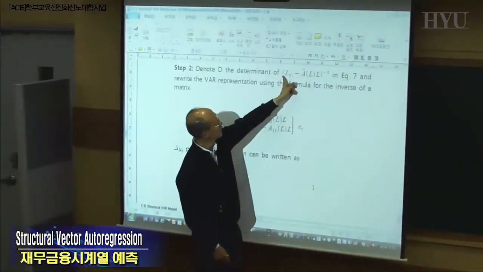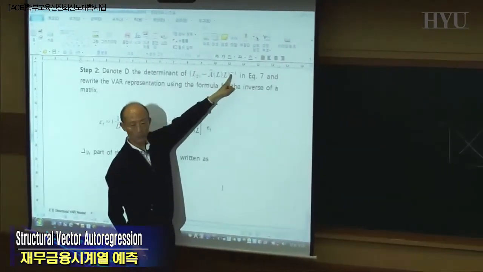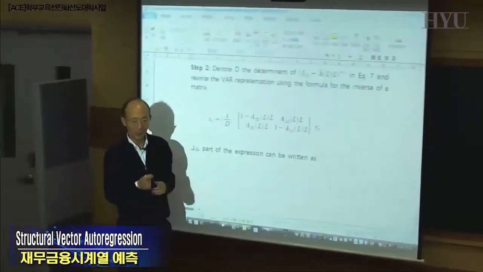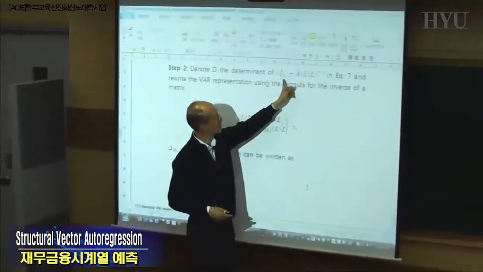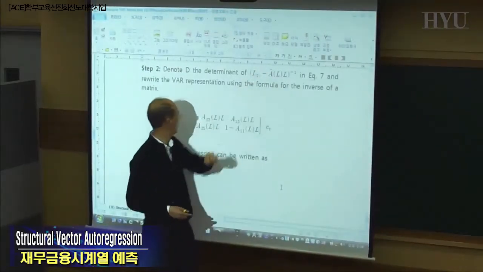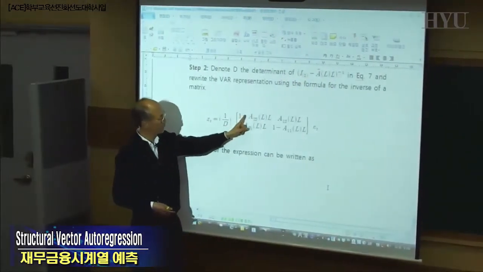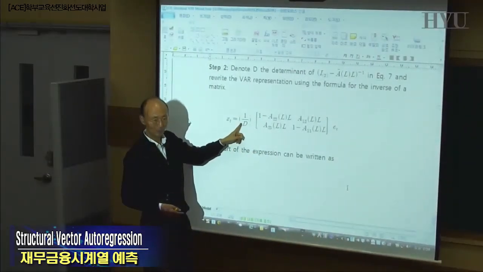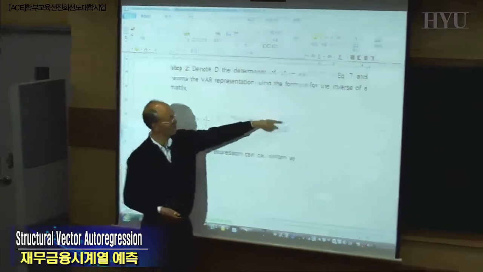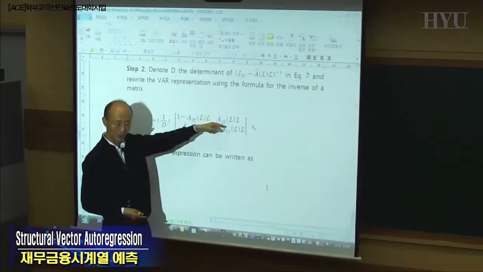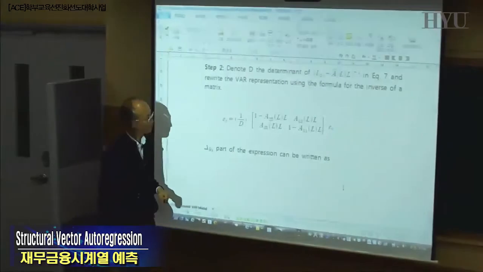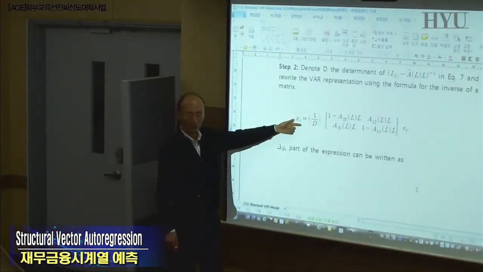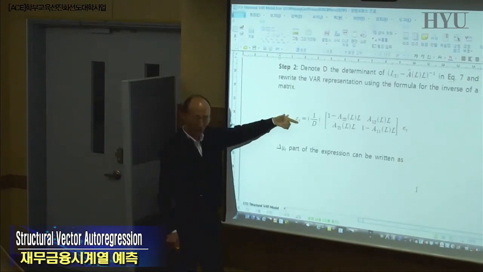And then we rewrite this one, because this is an inverse matrix. When you follow matrix algebra, the inverse of this matrix is this 2 by 2 matrix divided by the determinant. So a little bit of linear algebra is involved here, okay? For the moment, let's take this one as correct. Actually, this is correct.